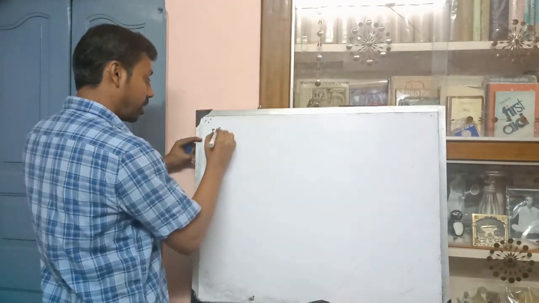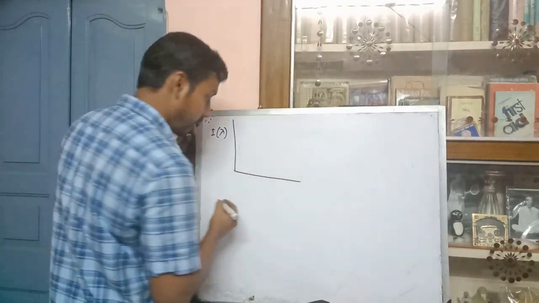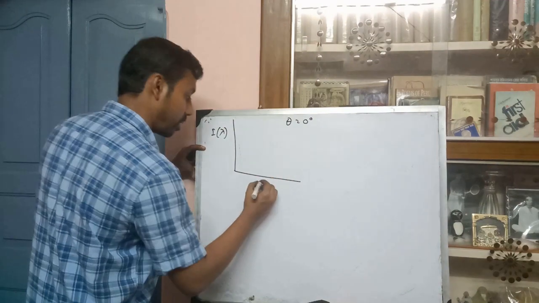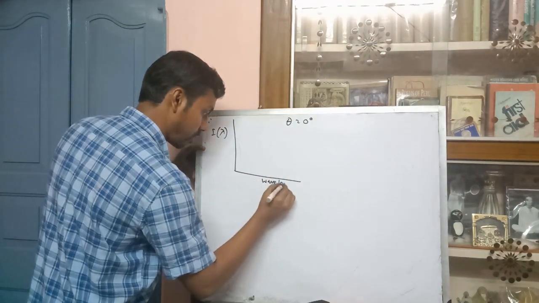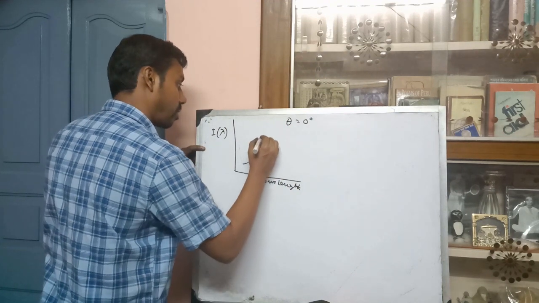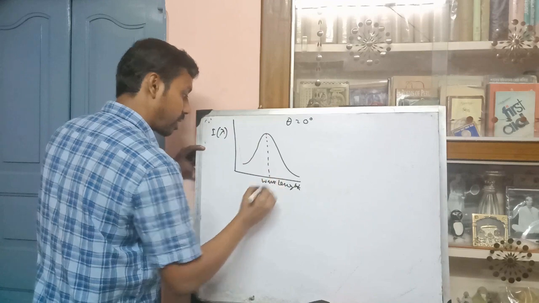Suppose this is intensity versus lambda. At theta equal to 0 degree, with this as our wavelength axis, we are getting a single peak.